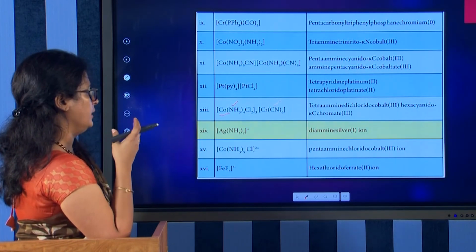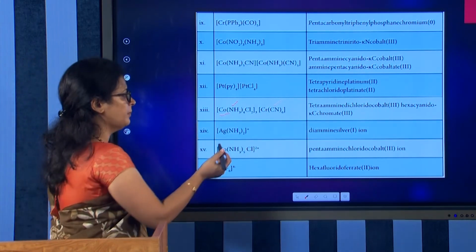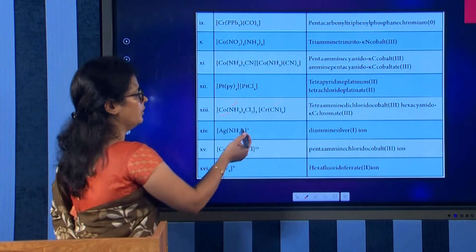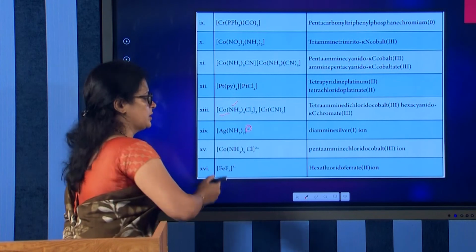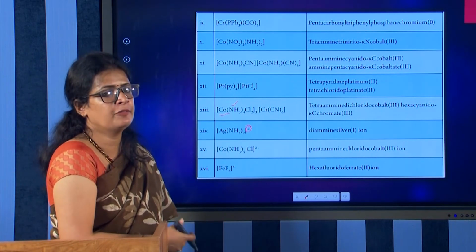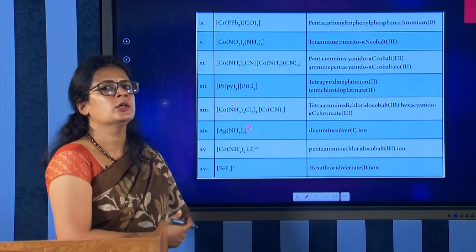And now another example, [Ag(NH3)2]+, it is very easy to name, that is diammine silver 1 ion. Why ion? Because it is a plus charge there. Like that you can name the complexes by following these IUPAC rules, and it is very easy to study the rules.